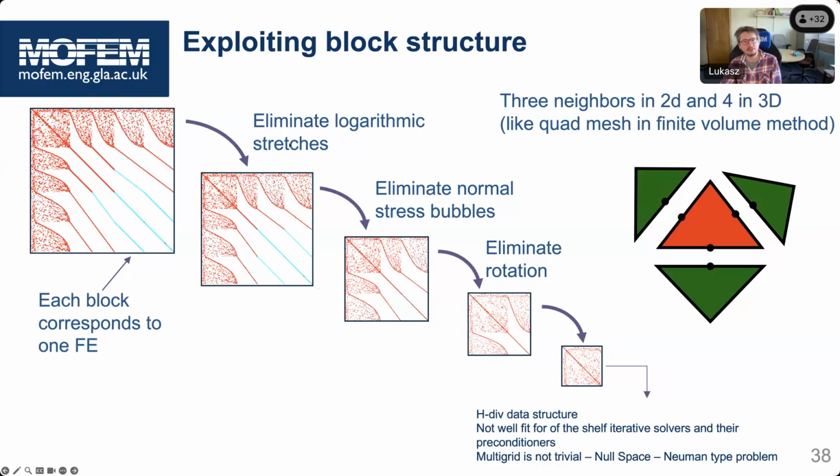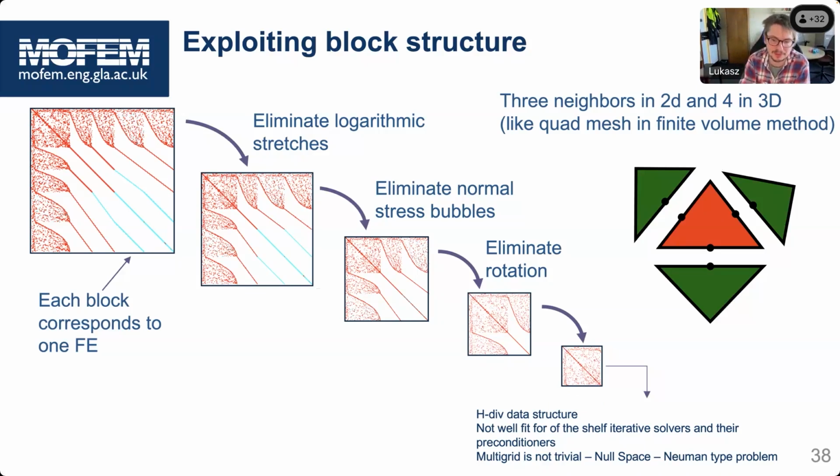Then we try to eliminate the logarithm, eliminate the stress bubble, eliminate the rotations, and with some struggle, by applying the Schur complements in sequence, we arrive at only the H-div space. But that is a nasty system to solve. It's much smaller, but in principle it is a nasty system to solve. You have to have a dedicated solver for H-div space.